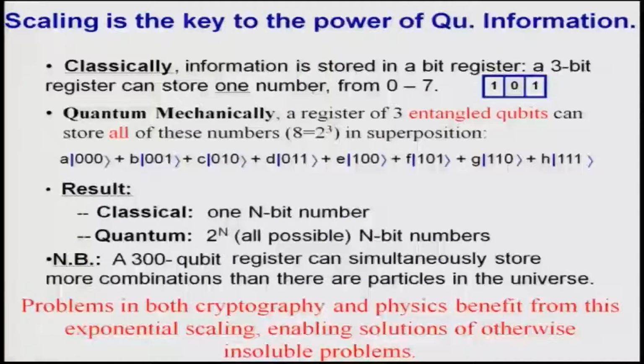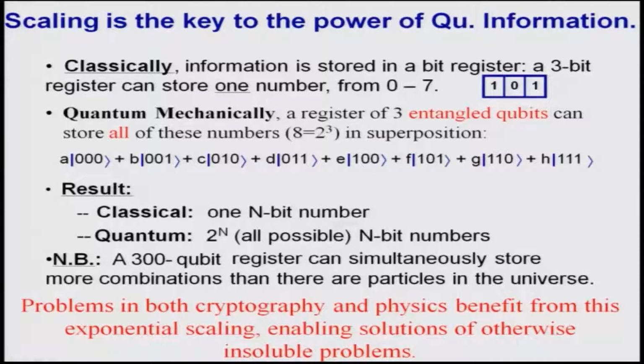So, one of the other important parts of quantum information is the scaling. It is important to realize that classically, information is stored in a bit register. For example, a 3-bit register can store one number from 0 to 7. However, quantum mechanically, a register of 3 entangled qubits can store all these numbers simultaneously in a superposition, which is 8 numbers, because it is 2 to the power 3.